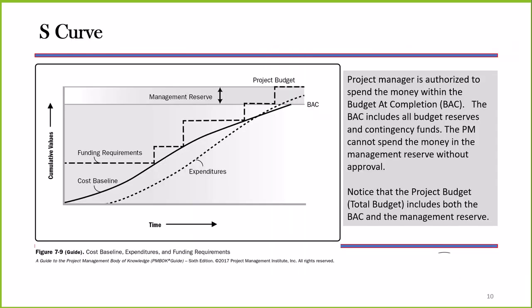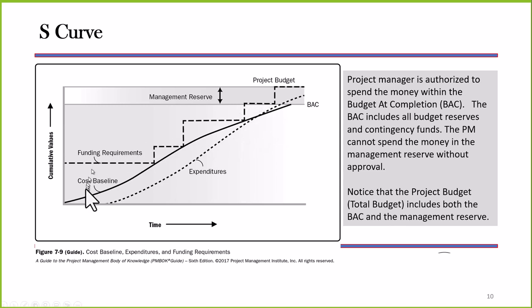You may have seen this before. This is an S-curve. An S-curve kind of lays out where we're going to be spending the money. Now, our budget is always time phased to the schedule. And if you look at this really very critically, you can see that there's a slight S here. Very, very slight S. That's where it gets its name, S-curve.